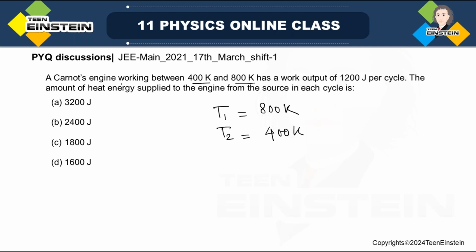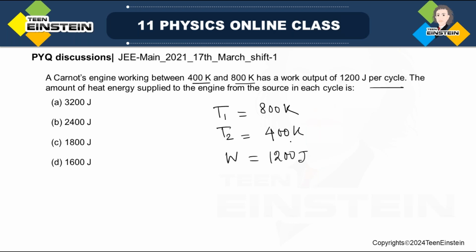The Carnot engine working between 400 and 800 Kelvin has a work output, which is given, very nice, as 1200 joule per cycle. We have to find the amount of heat energy supplied to the engine from the source in each cycle.